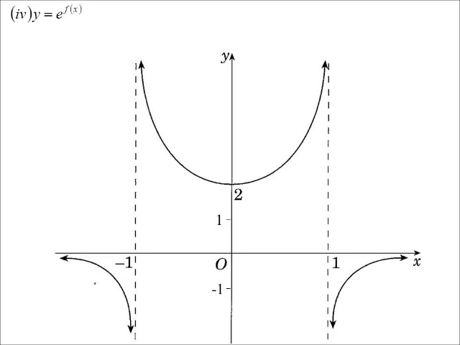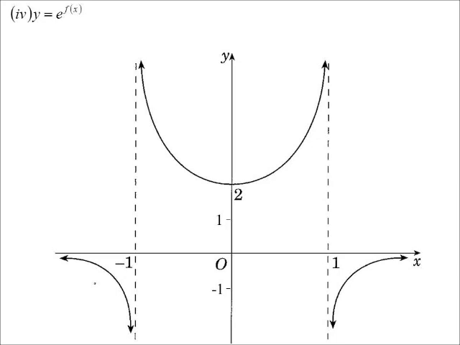Well, when is it equal to 0? Never. However, we do have a horizontal asymptote approaching 0. So therefore, my new graph will have a horizontal asymptote approaching e to the power of 0 or 1. Okay. So I know that.